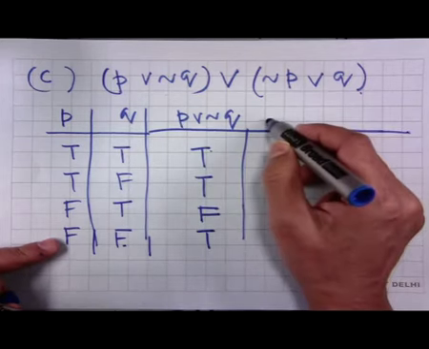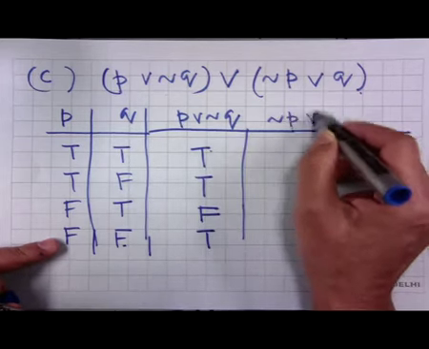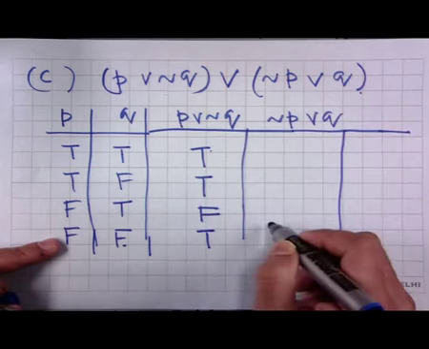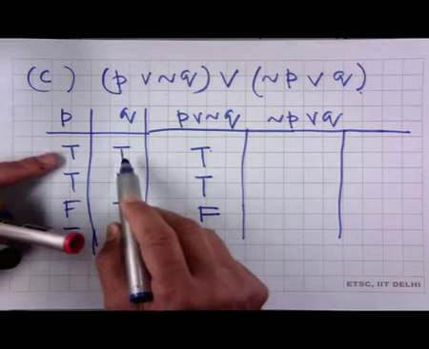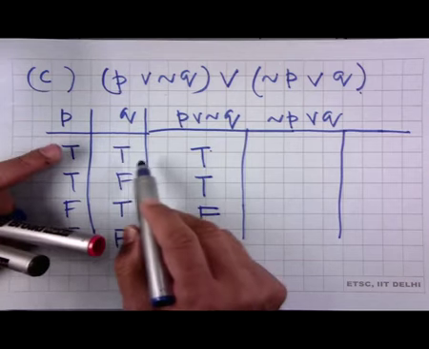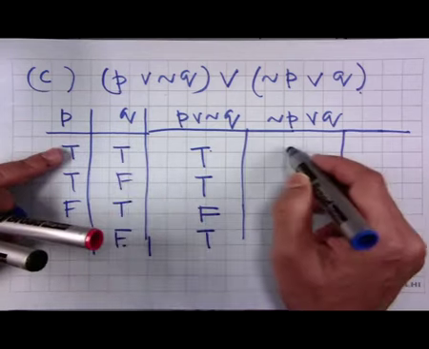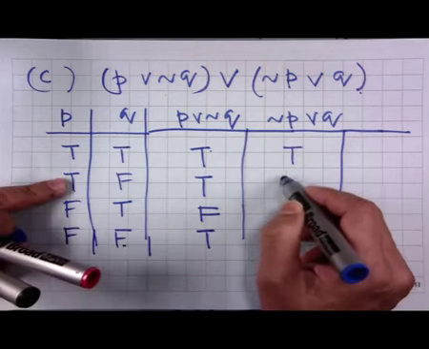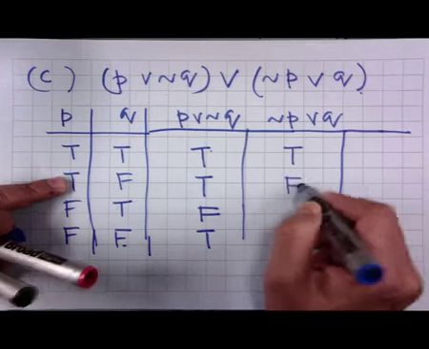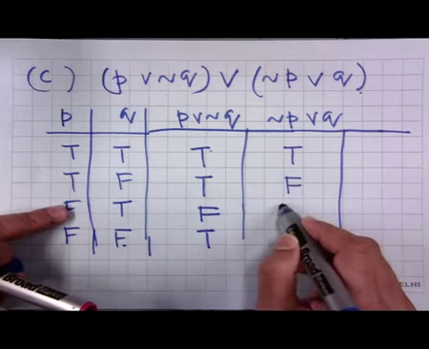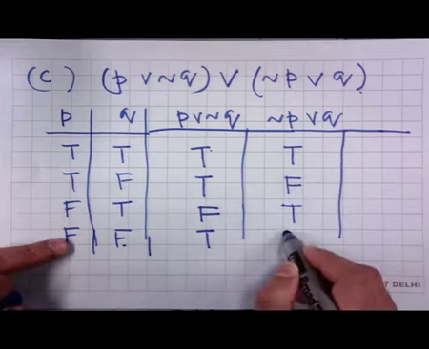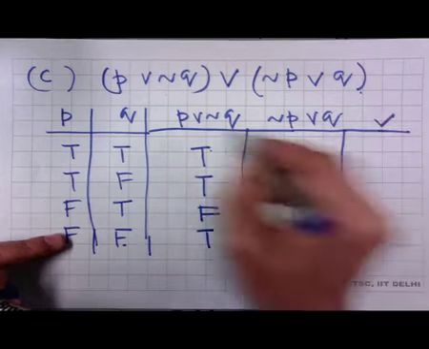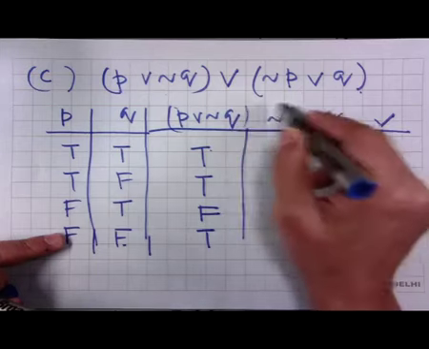On the other hand, not P or Q. Negative of P is false, false or true is true, false or false is false, true or true is true, true or false is true. Now, I am looking at the OR of these two.